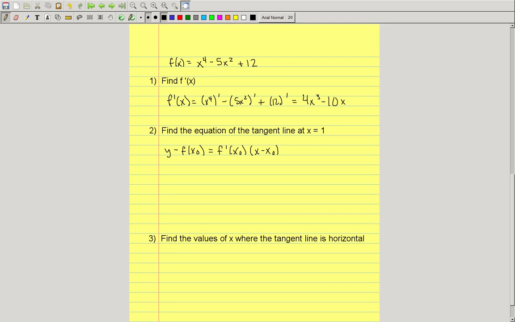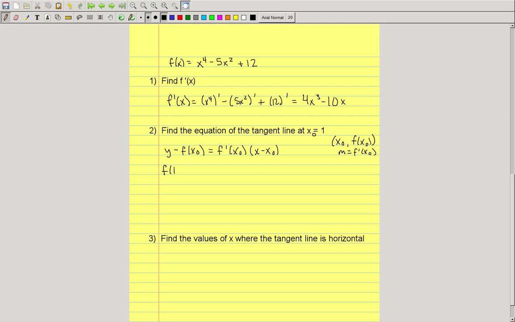Now, in this case, the point that our line is passing through is x naught, f of x naught. And in our case, x naught is equal to 1. And the slope of our graph is equal to the derivative of the function at x naught. So let's start calculating these values.